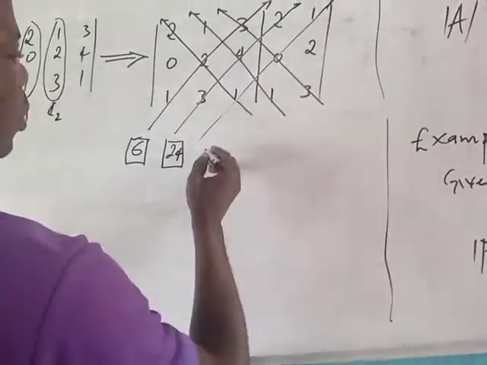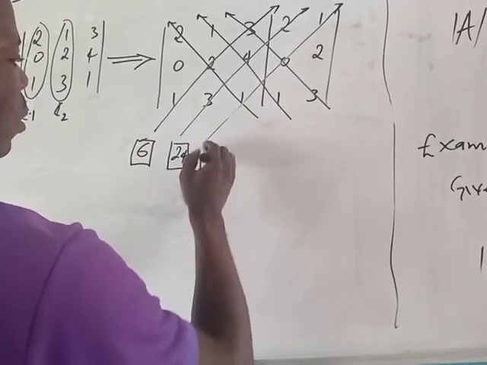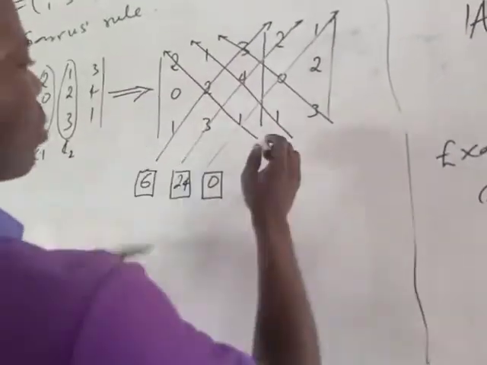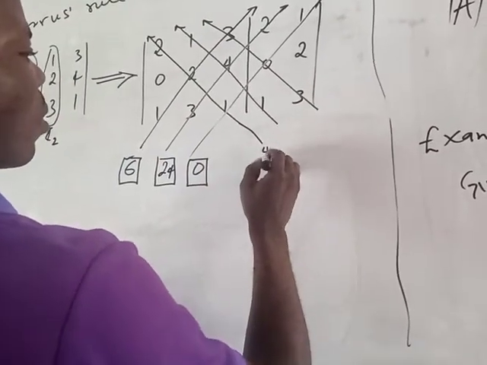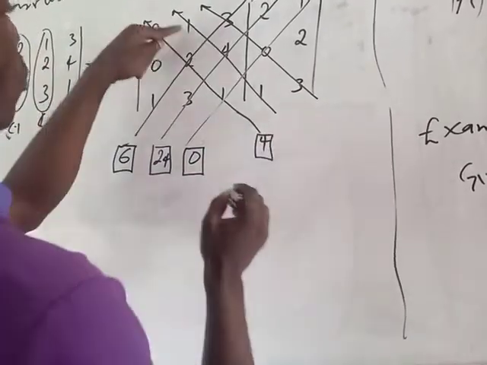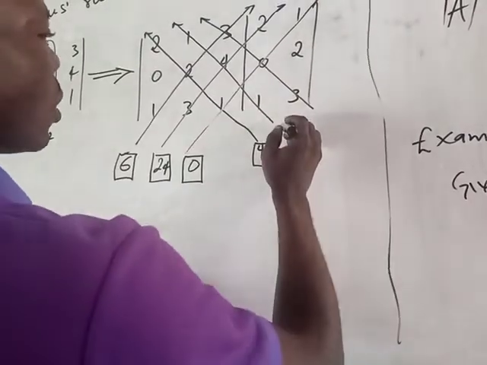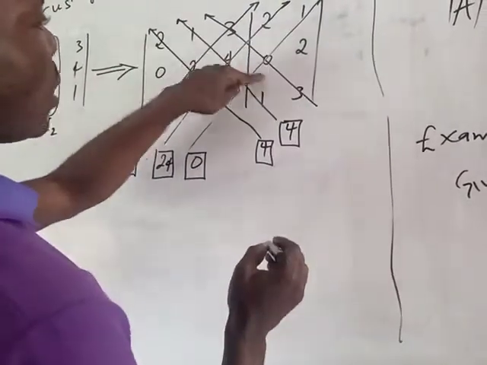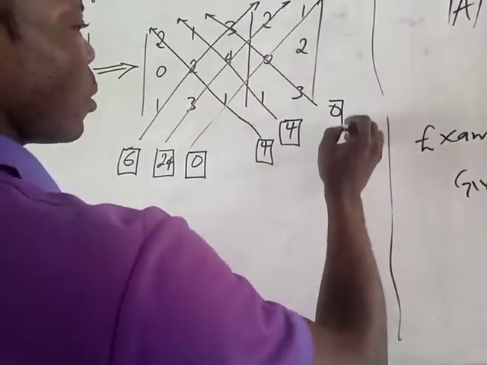And this would be 0. And this 2 times 2 times 1, we have 4. And 1 times 4 times 2, this one will give you 4. And this times this will give you 0.